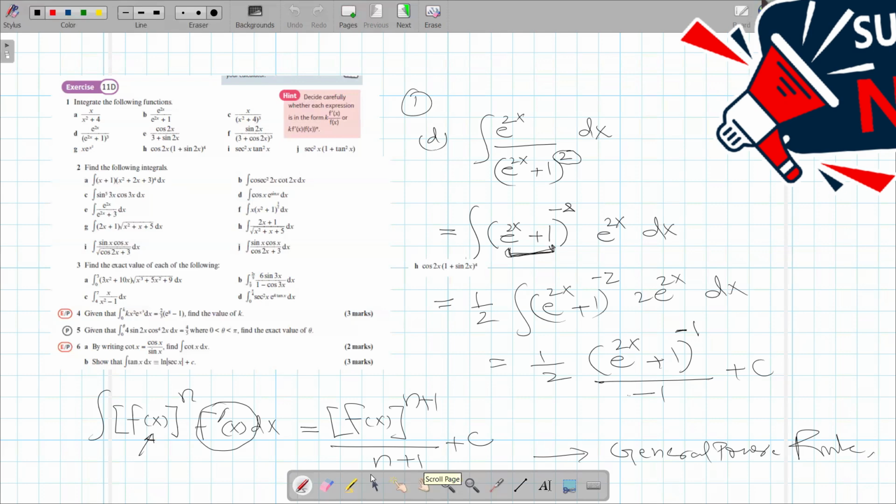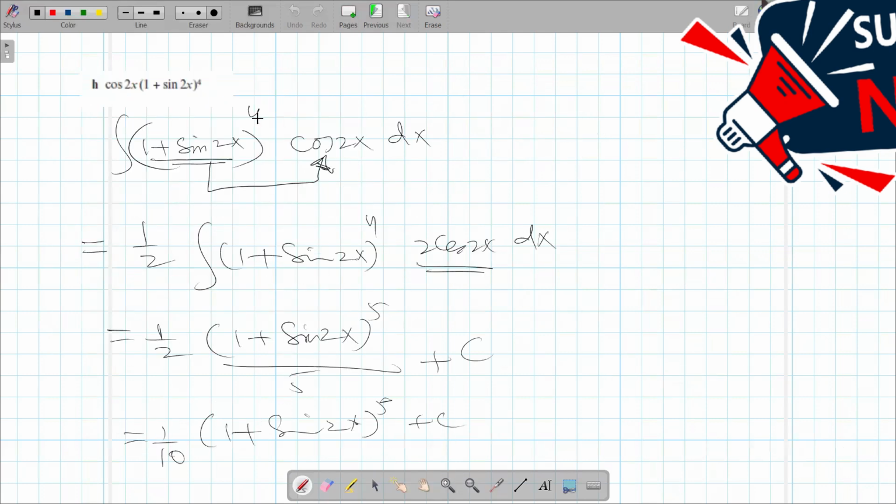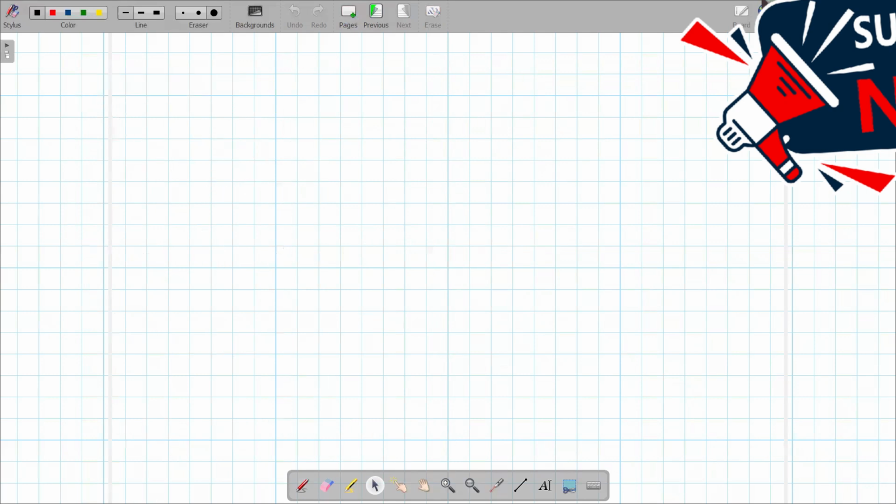Let me explain why this is a reverse chain rule. Let me explain it on the new page. Let's add another page, and this is reverse chain rule.